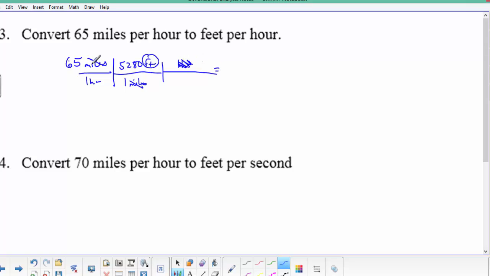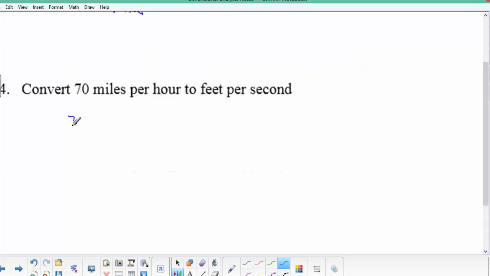We are actually through. I'm just going to take 65 times 5,280, and that's going to give you a grand total of 343,200 feet per hour.